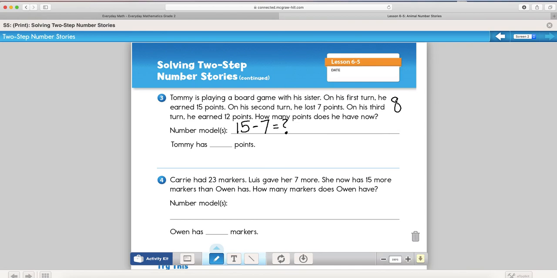Subtract them. Okay, support your reasoning. Why do we want to subtract them? Okay, we want to add them instead? Okay, support your reasoning. Why do we want to add them?